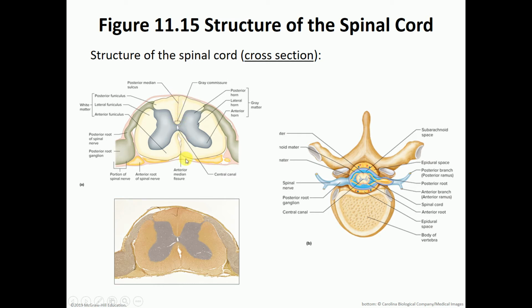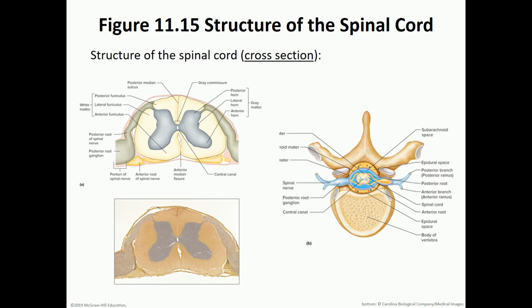There is a groove separating the right and the left side, and posteriorly it is smaller, or the groove is not very deep, and we call it the posterior median sulcus, while the anterior groove is much deeper, or wider, and it's known as the anterior median fissure. There are fibers in the middle that connect the right and left side of the spinal cord, and we'll get to that in a minute.